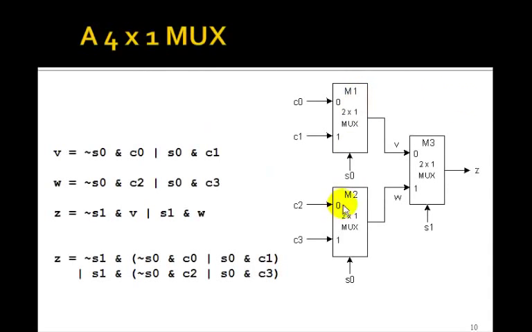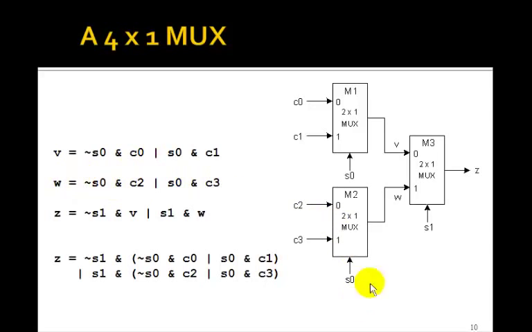Now if we take 3 of these 2-to-1 muxes and arrange them this way, where we connect S1 as the control line for this one and S0 to both of these, then this will make a 4-to-1 mux. We can see that. This is a 2-to-1 mux. The output is V. Here's the logic equation. Remember how it goes. V is going to be not S0 and C0, or S0 and C1.